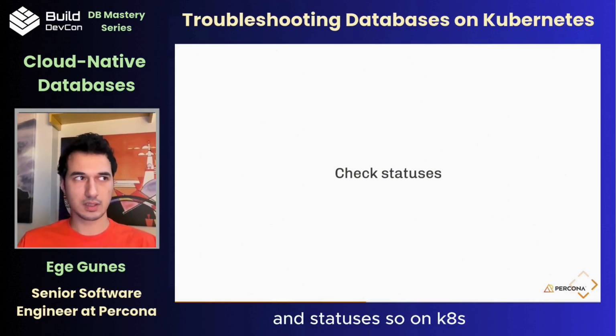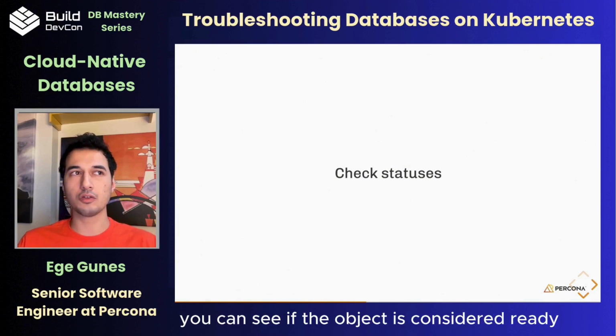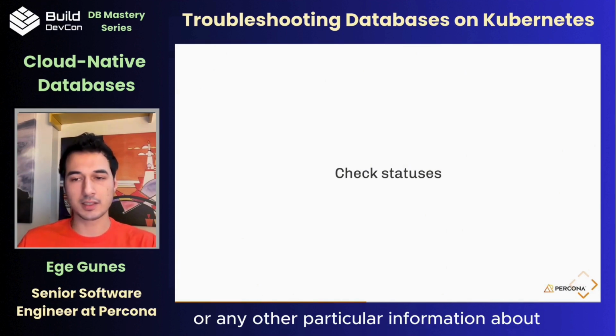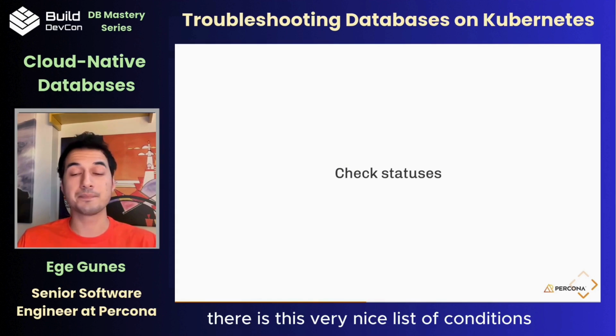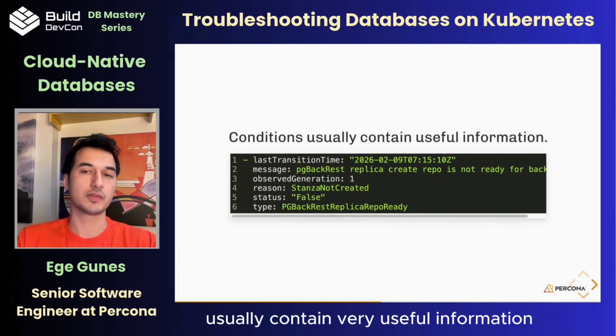And statuses. On Kubernetes, almost all objects have statuses, and you can see if the object is considered ready or any other particular information about that object. Also, there is this very nice list of conditions. These conditions usually contain very useful information.